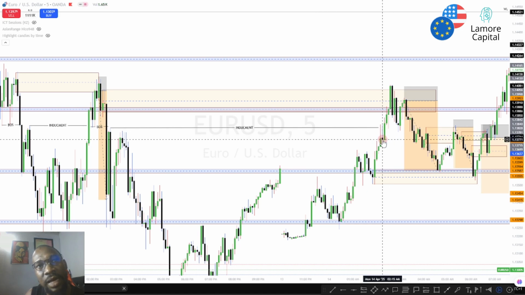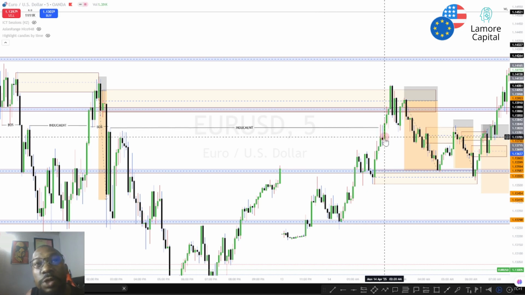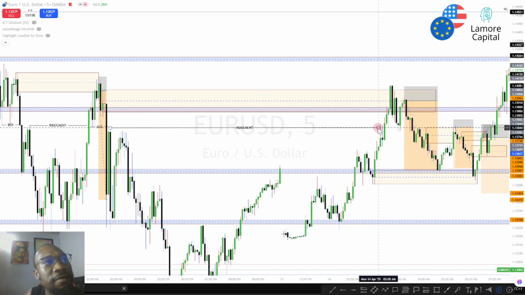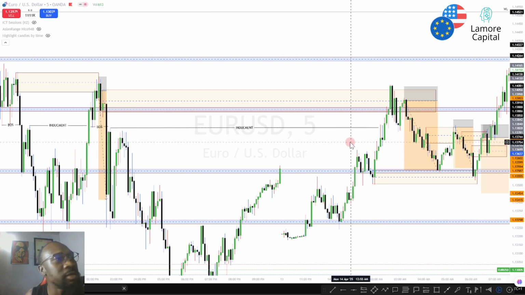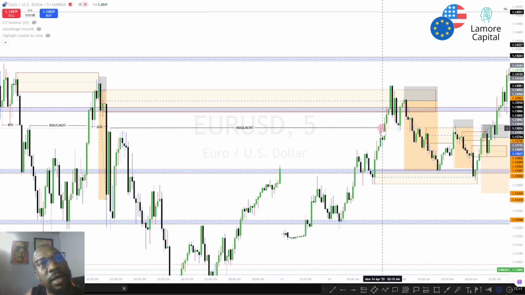Can you see a sell candle here to induce people into the market? People that entered from this zone will think they are entering from the imbalance or maybe from the fair value gap, but they didn't know that it's actually an inducement. So for the market to start coming down, it will induce some people into the market, and it took them out.